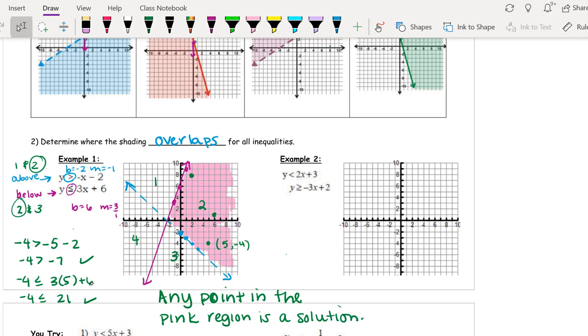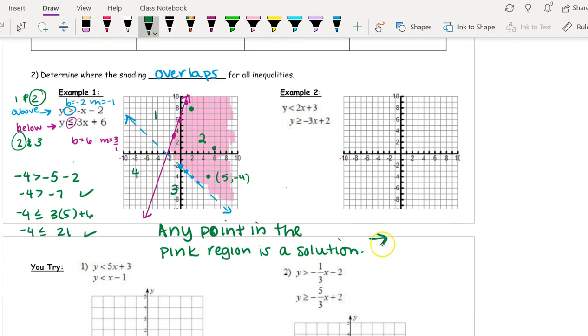Okay, now if it is a point on the solid line, it counts as a solution. If it is a point on the dashed line, it is not a solution because the dashed line would not make the inequality true. Okay, so I'm going to also add that.